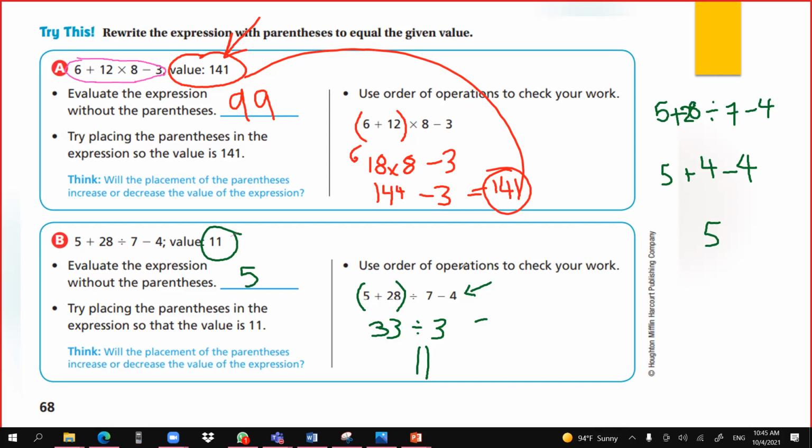Who can tell me? No, don't change. As you see here, the same numbers, the same signs. Who can tell me? Who wants to answer?